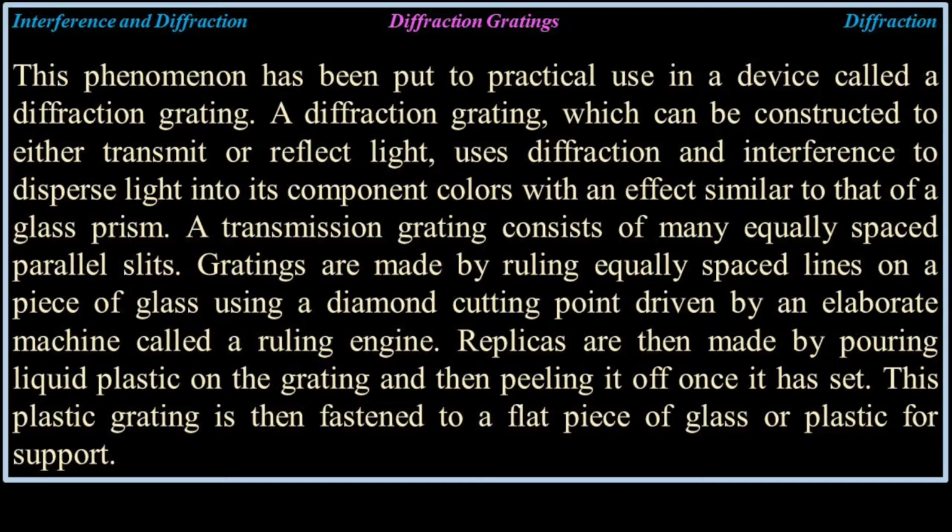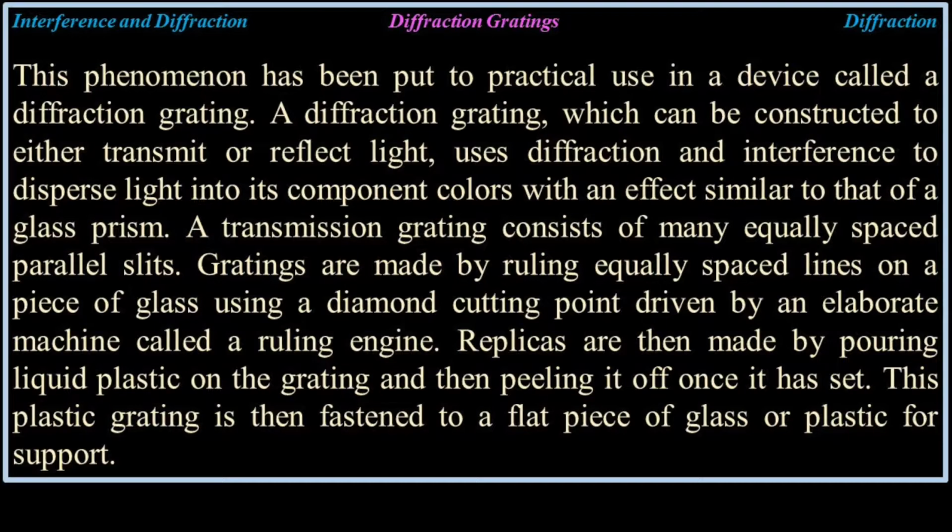Gratings are made by ruling equally spaced lines on a piece of glass using a diamond cutting point driven by an elaborate machine called a ruling engine. Replicas are then made by pouring liquid plastic on the grating and then peeling it off once it has set. This plastic grating is then fastened to a piece of glass or plastic for support.